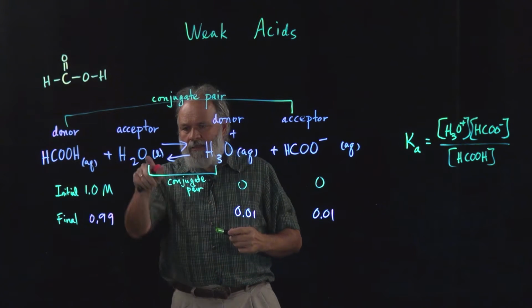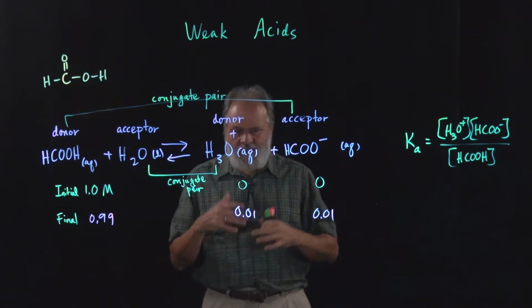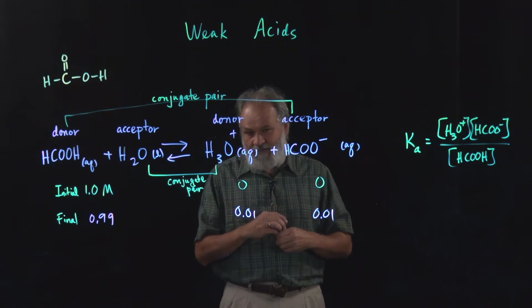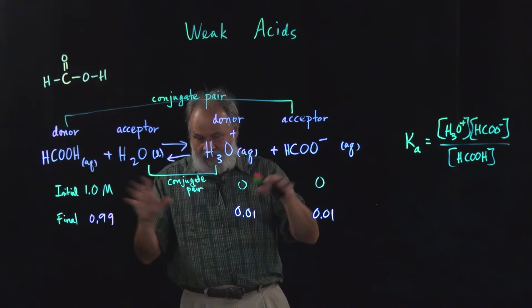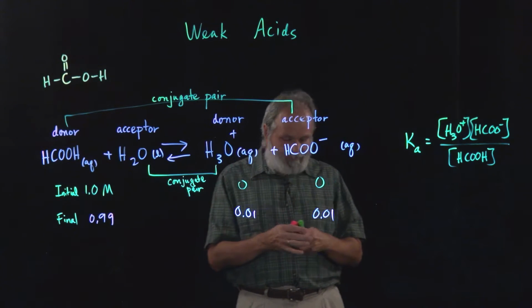Okay, the liquid water is not included as part of the equilibrium constant. Turns out that the concentration of water is 55 molar, and it's pretty much unaffected by the small amounts of other stuff you put in it. And so it's kind of incorporated into the equilibrium constant.